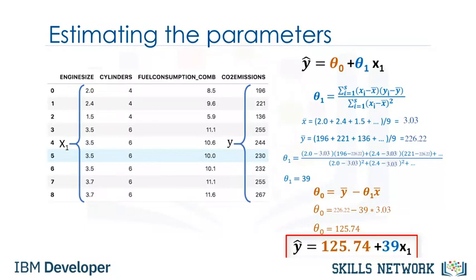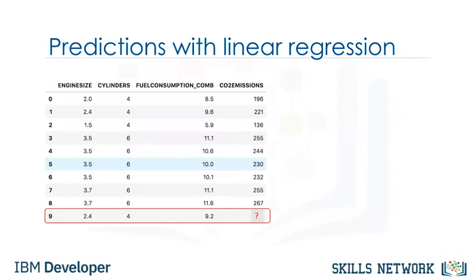Now the question is, how can we use it to predict the emission of a new car based on its engine size? After we found the parameters of the linear equation, making predictions is as simple as solving the equation for a specific set of inputs. Imagine we are predicting CO2 emission, or Y, from engine size, or X, for the automobile in record number 9.